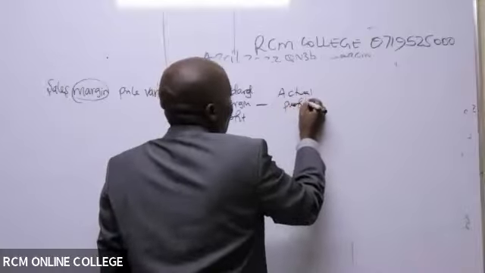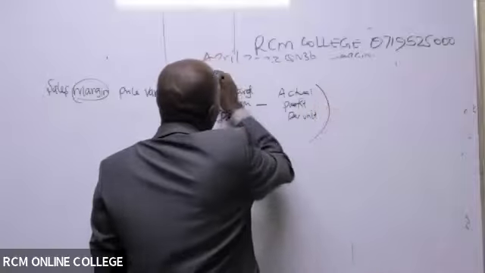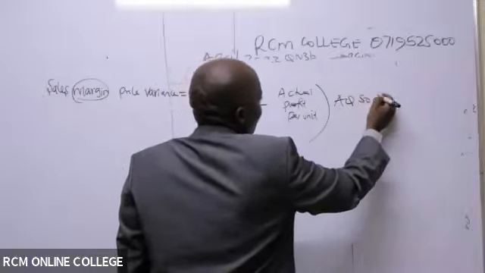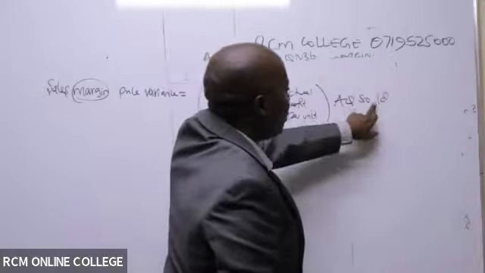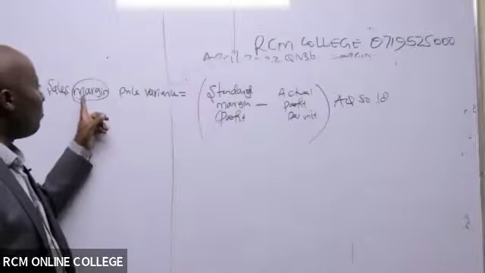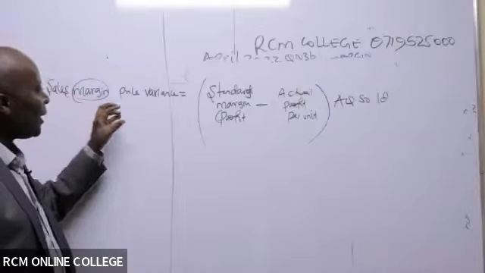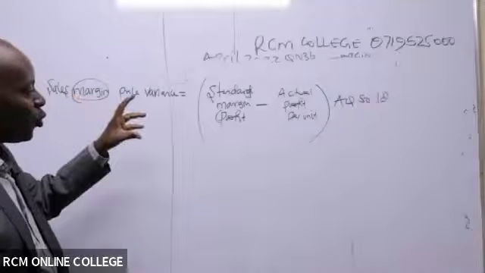Actual profit, of course, has to be per unit, multiplied outside here by the actual quantity sold. Anytime they talk about sales margin price, it is this margin that takes precedence. So you talk about differences between two margins here.